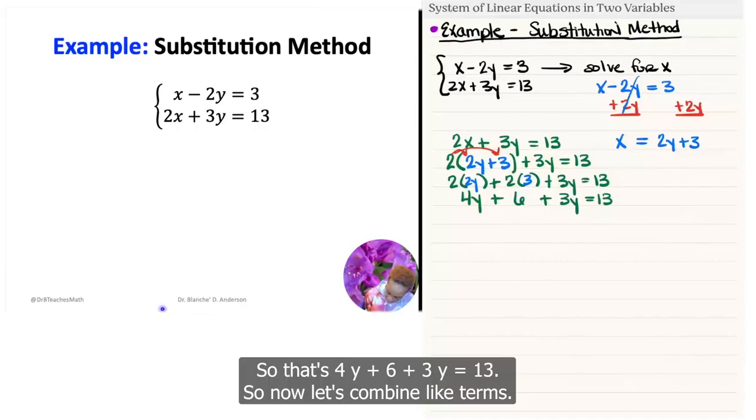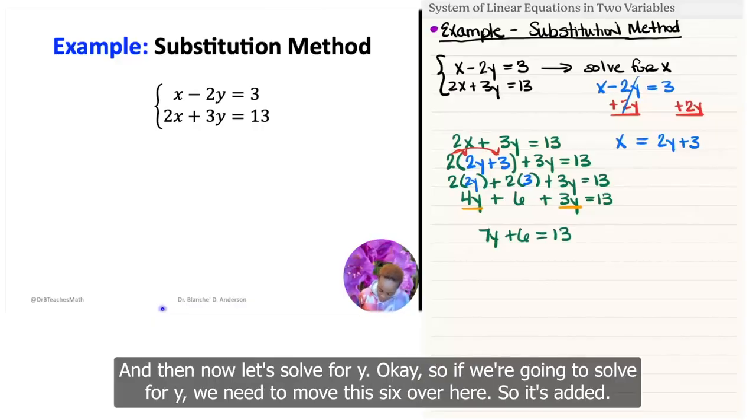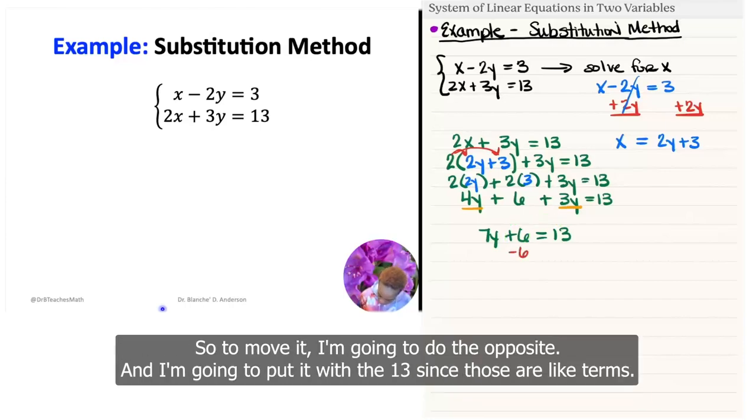So now let's combine like terms. We have a 4y and a 3y, right? So that's going to be 7y plus 6 equals 13. And then now let's solve for y, okay? So if we're going to solve for y, we need to move this 6 over here. So it's added. So to move it, I'm going to do the opposite, and I'm going to put it with the 13 since those are like terms.